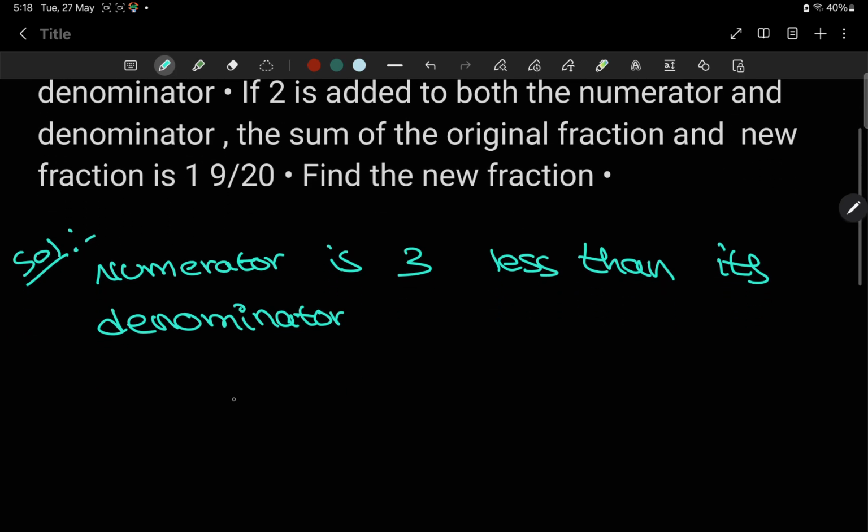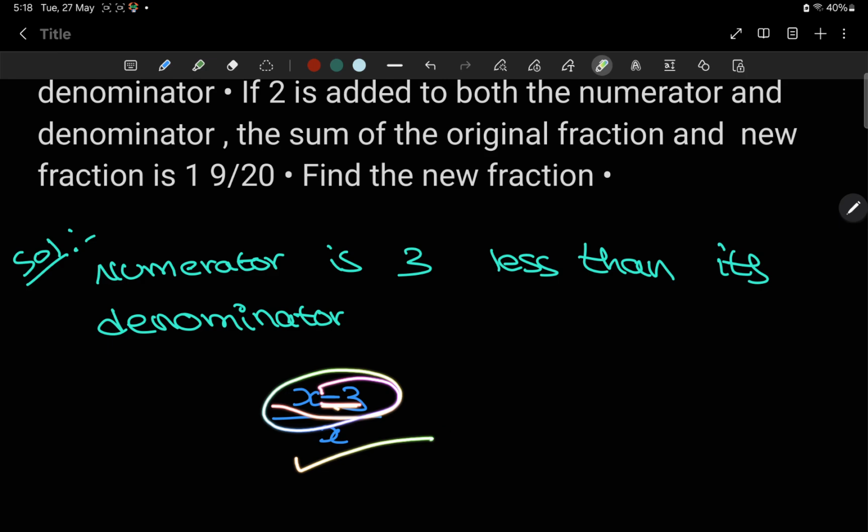Okay, what will the fraction be? Let's take the variable x as the denominator, so the fraction is x minus 3 by x. So the numerator of a fraction is 3 less than its denominator, so the condition is satisfied.